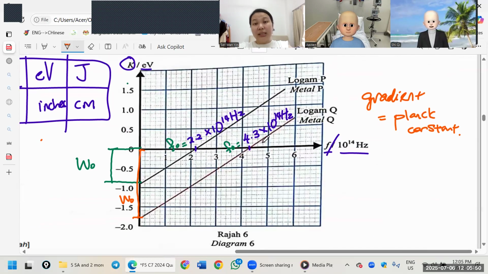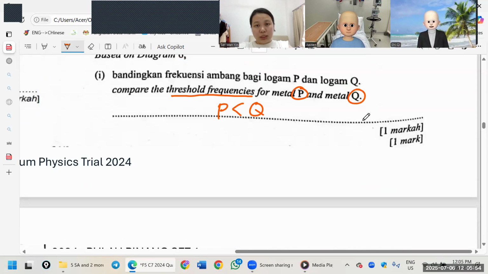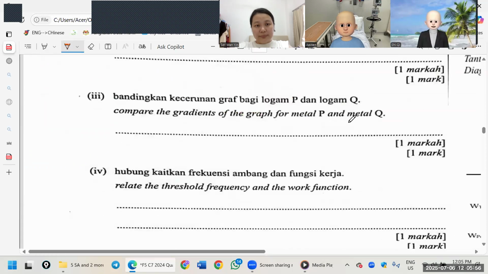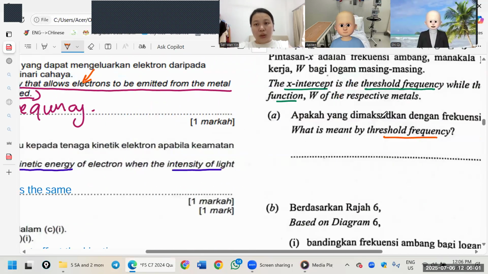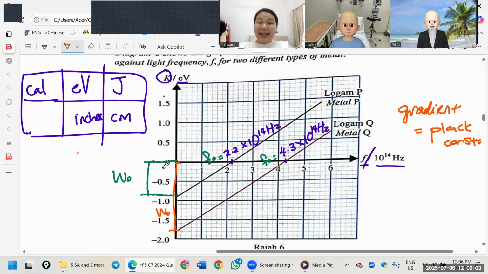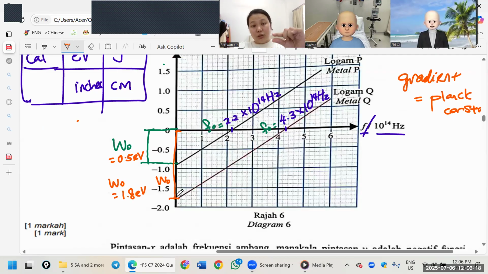Of course, P is less than Q. Then compare the work function for P and Q. Don't count the negative. It means it needs to absorb this much energy, for example 1.567, this much heat energy going up, then only it can be released.